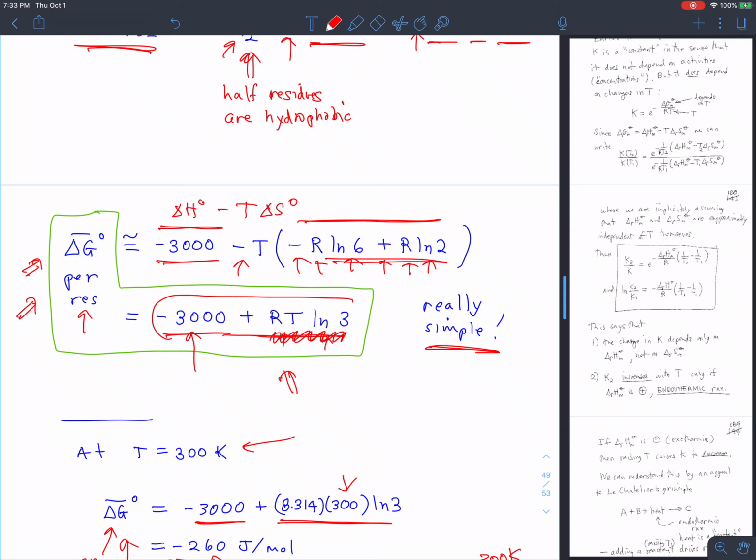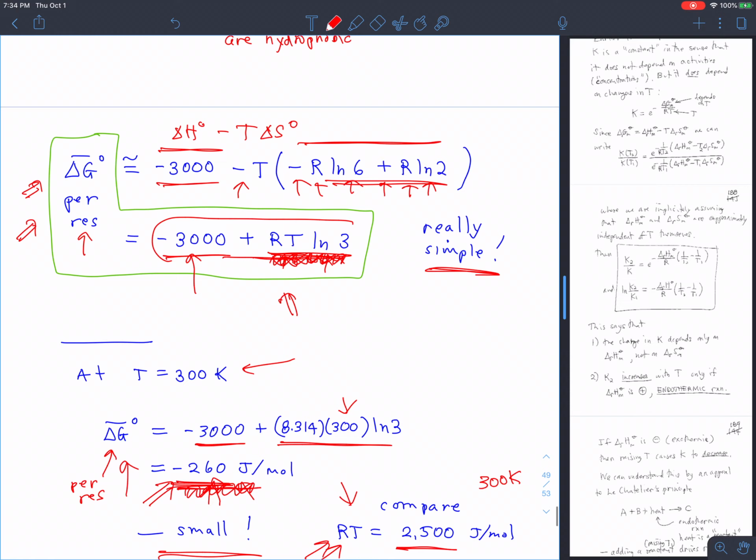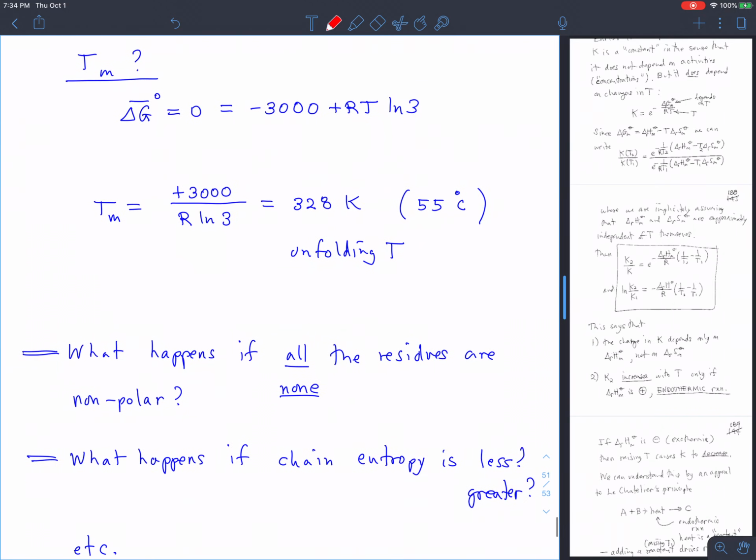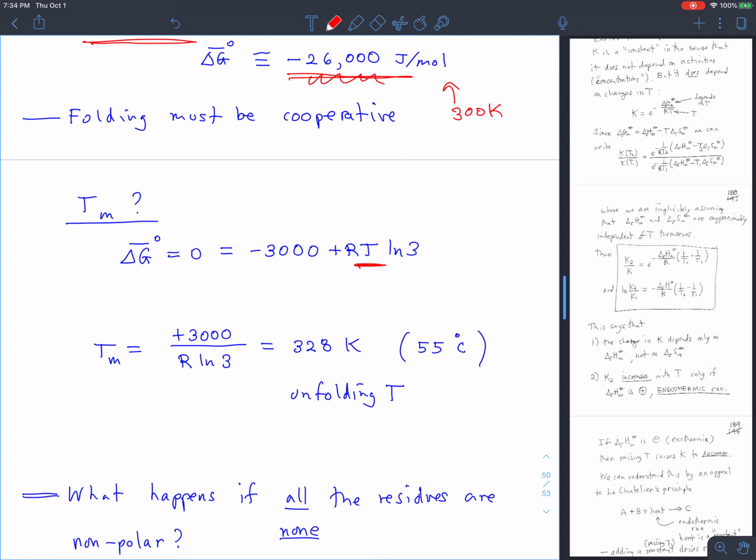The loss of chain entropy is the dominant thing. There's also the hydrophobic effect that's favorable, but the chain entropy is even more unfavorable, so this whole term is positive and therefore unfavorable. That means that if we keep raising the temperature, making this unfavorable term bigger and bigger, eventually delta G is going to go to 0 and the thing's going to unfold. And the question is, at what temperature will that happen?